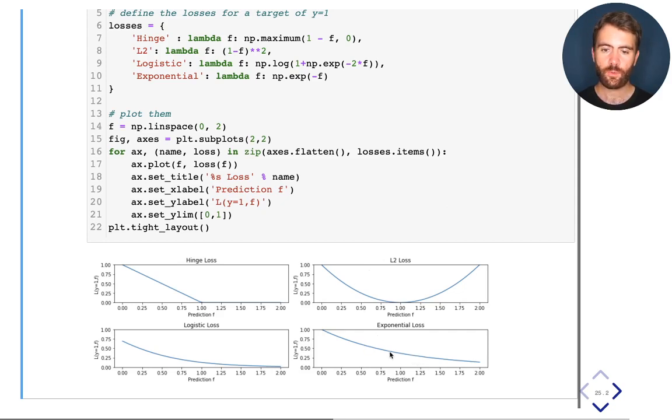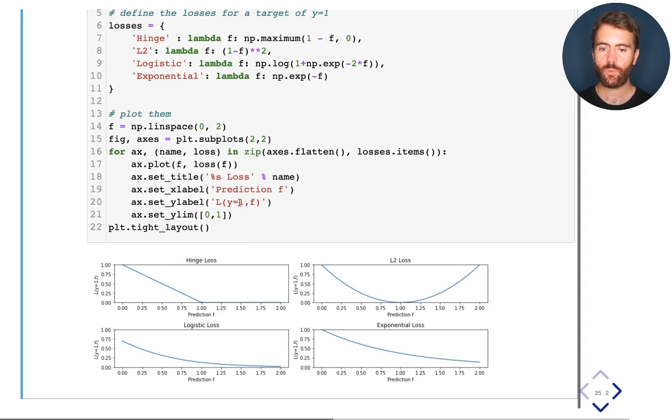So here, this line here, it's an exponential function. And although we don't see it clearly in this figure, this is going to be an exponential that will increase much more quickly than the L2 loss and then the hinge loss that is linear. So the value of the loss when we're away from a good prediction will increase really quickly, and we will assign really large penalties to points that are misclassified.